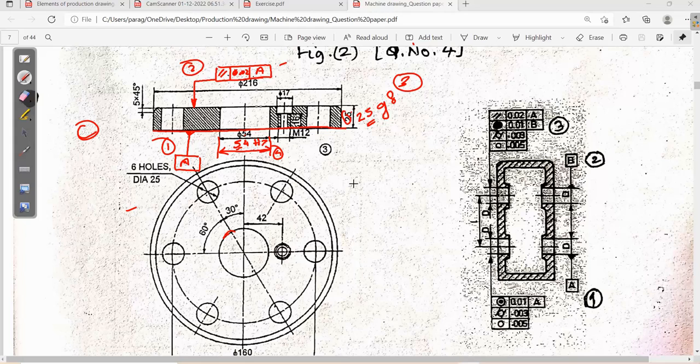So we will not mention the two triangles on this particular view, because in this view the hole is circular or curved, so we cannot show it on this. Instead of that, you have to show it like this, two triangles. This is how you should show the surface roughness. Okay, so this was the last question.